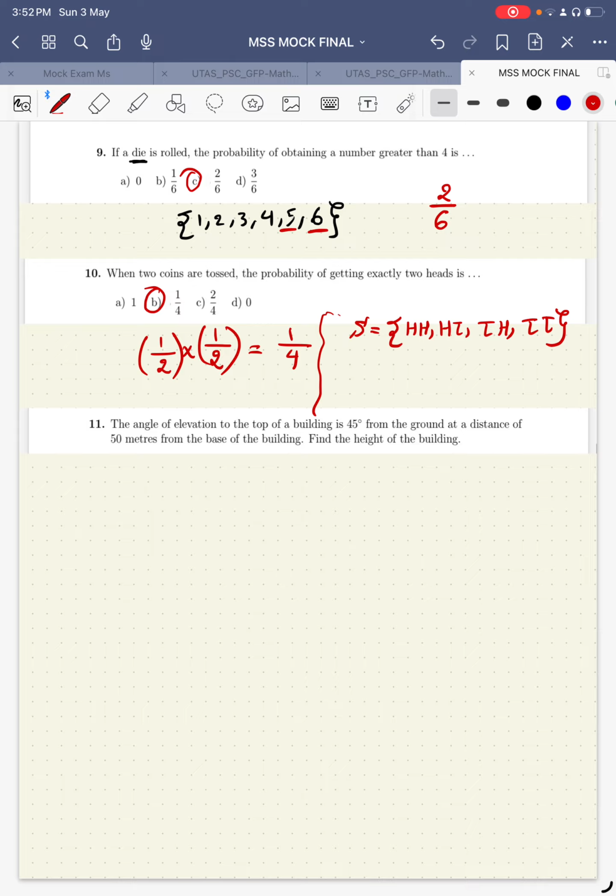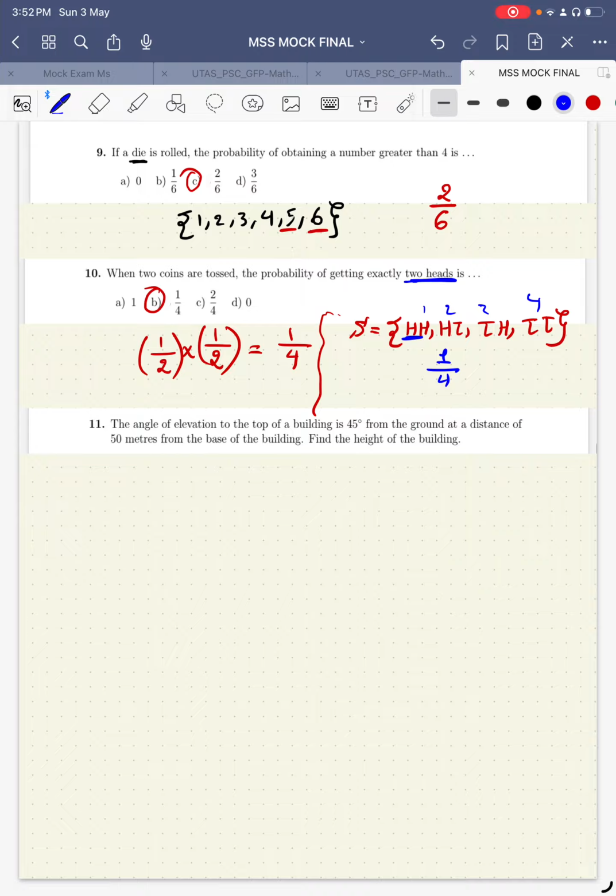So how many outcomes do I want? I would like exactly 2 heads, this one here, so I have 1 outcome. And how many outcomes do I have? 1, 2, 3, 4. So it's divided by 4, and the answer is 1 over 4.